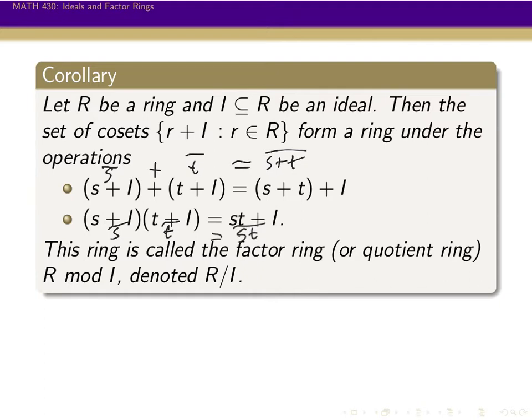And so the arithmetic works out exactly as we want, because if we take anything in s bar plus anything in t bar, we're going to land in s plus t bar. If we take anything in s bar and multiply it by anything in t bar, we're going to get something that's in s times t bar.